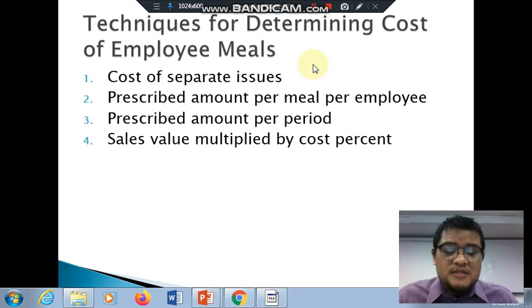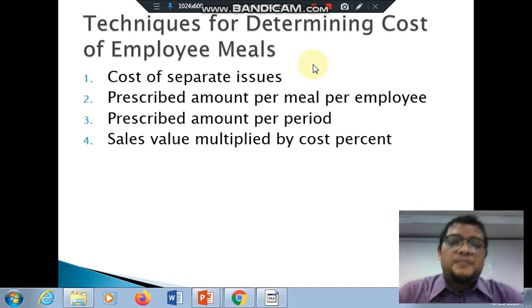So this one doesn't involve calculation. You just have to have proper records, then total up at the end of the month, and then minus from the total food cost. So remember, method number one is not in the exam calculation. You have to have the proper record of issuing food from the store.